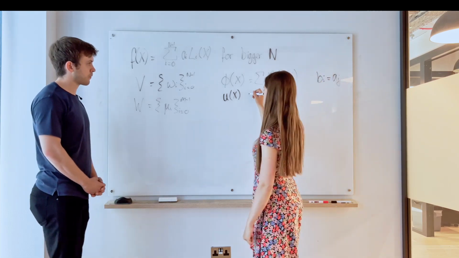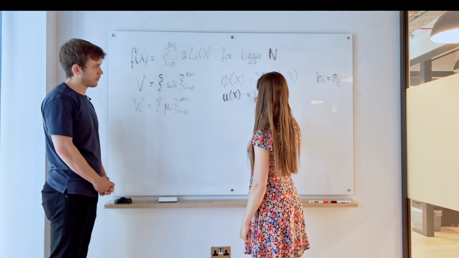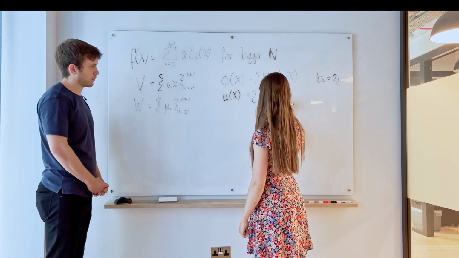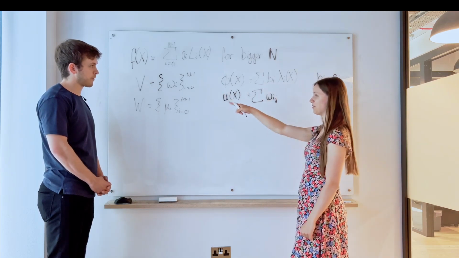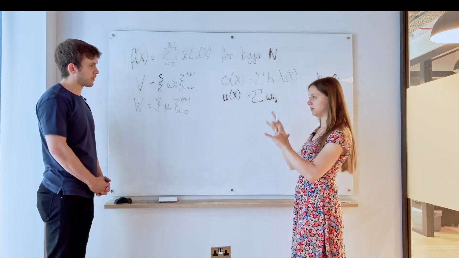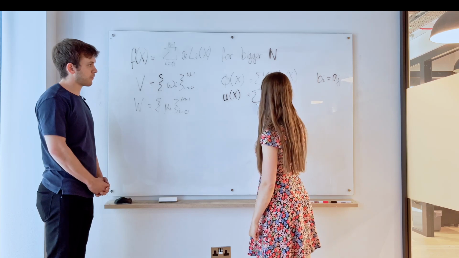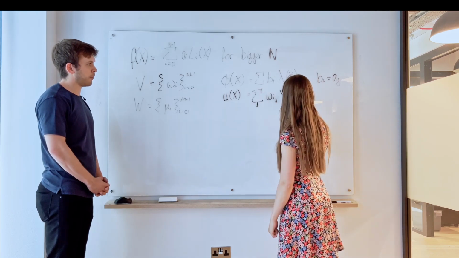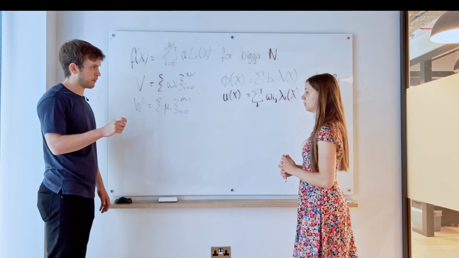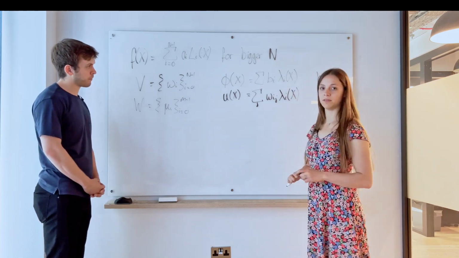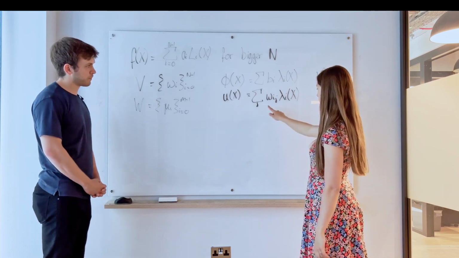So our u of x is going to equal the sum of some omega ij, I'll call it, in order to indicate that it's not going to sum over all of the omegas, only the ones that are interesting. By interesting, I mean just the set that we're matching on.